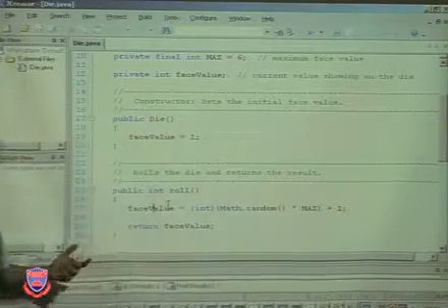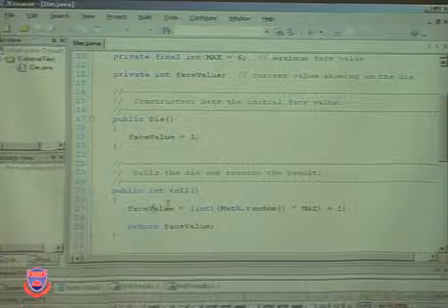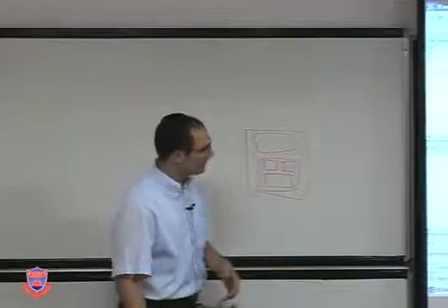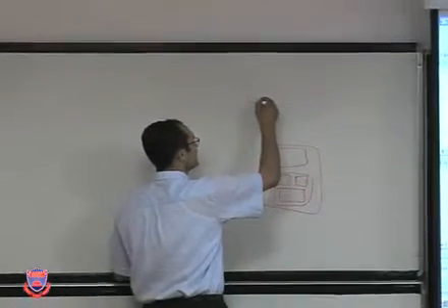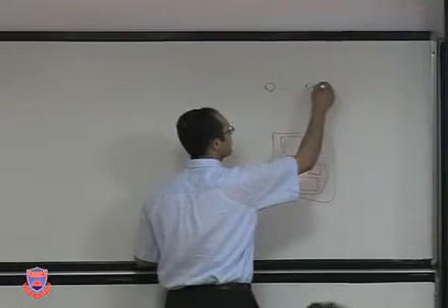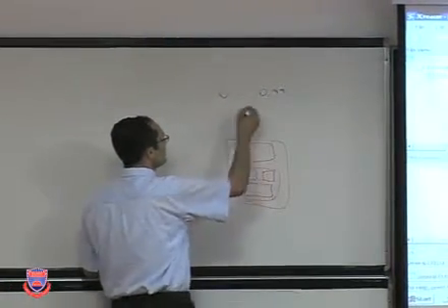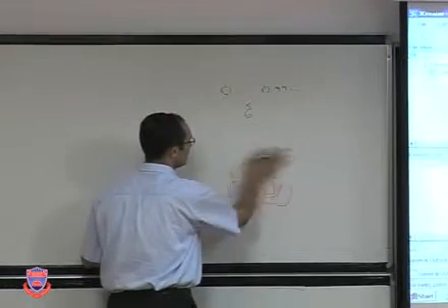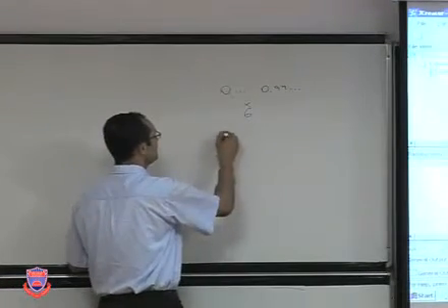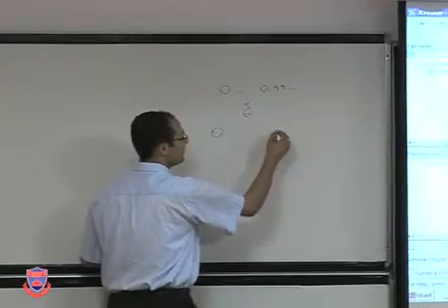Why do I add 1 to that? In order to get a 6 value, because it is going to give you 0 all the way to 0.99 something. Whenever you multiply this with 6, what you generate will be between 0 and something 5, right?